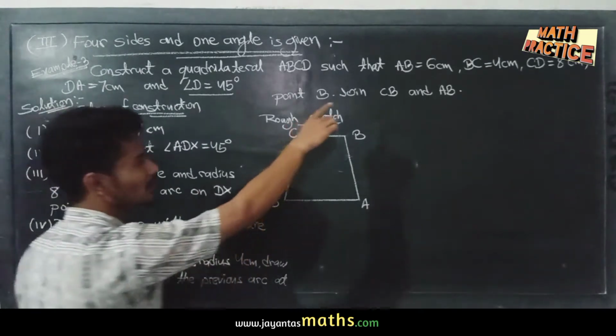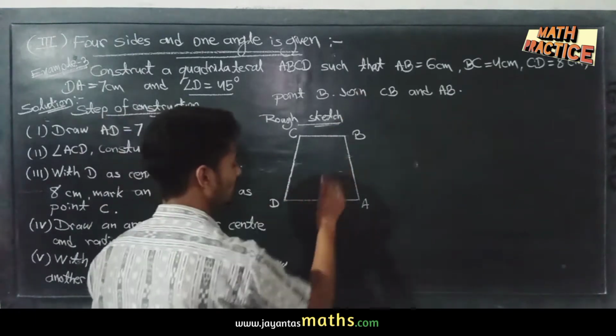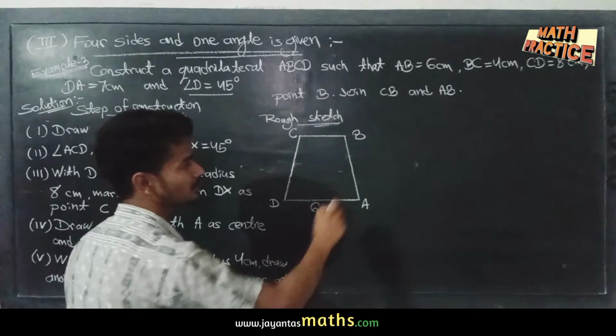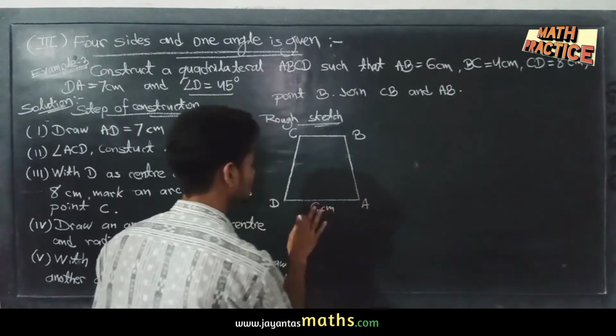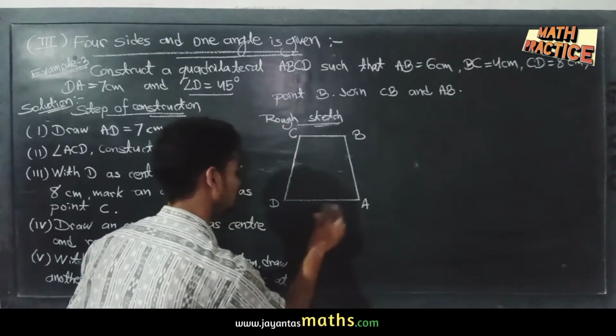Now let's put the length of each side and the angle. AB is equal to 6 cm, so I write 6 centimeters on the AB side.